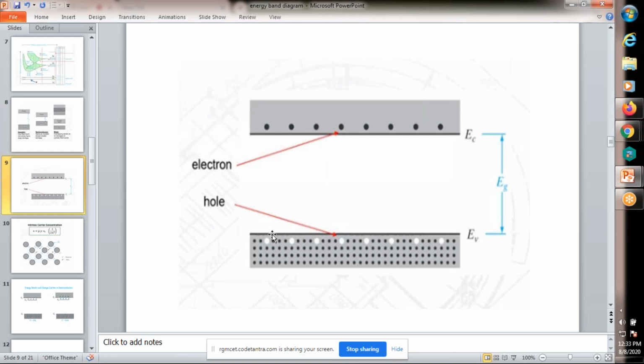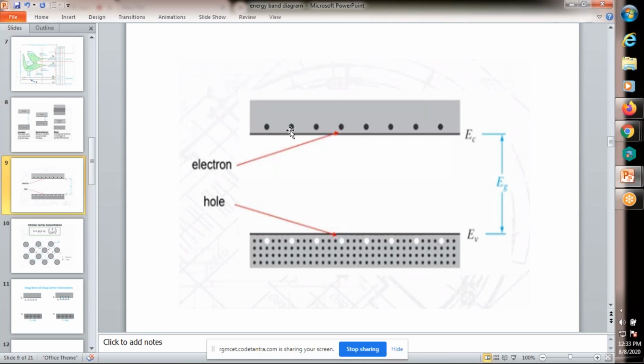Observe here, a few electrons overcome the band gap energy and jump into the conduction band. Whenever an electron jumps into the conduction band, there is an empty space, and that empty space is called a hole. Similarly, here also this electron acquires sufficient energy, overcomes the band gap energy and jumps into the conduction band.